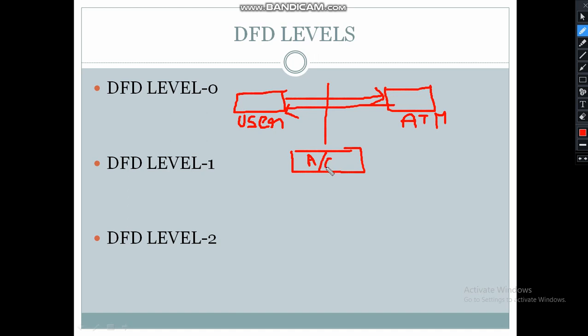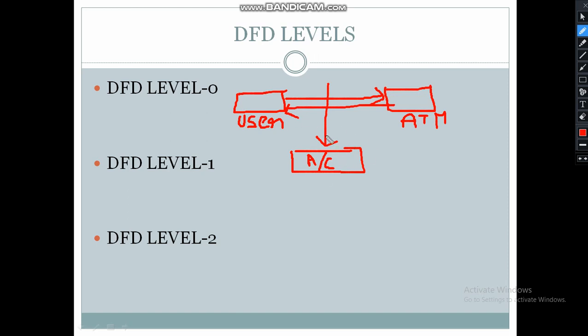The user takes money from the user account. This is one of the components, a sub component of the ATM system. The two main components work with this ATM account component, which is the mediator or interface component.